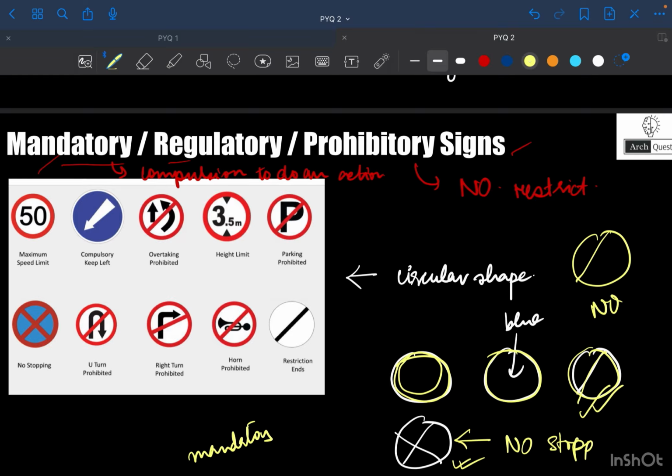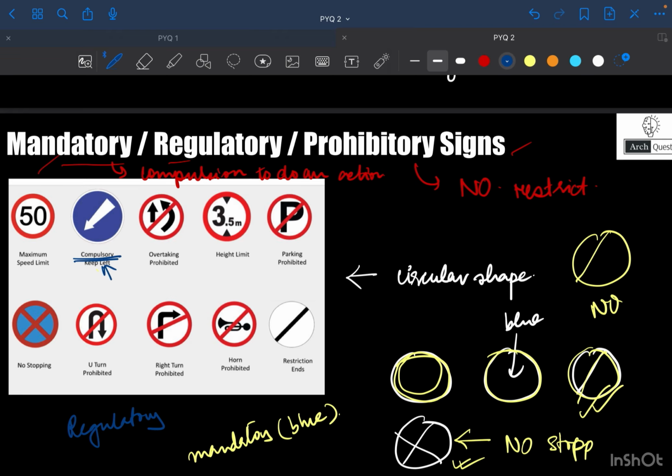If mandatory, then it stays in blue color, okay, so this becomes mandatory. See, compulsory, okay. Apart from all of this, the ones that are left are regulatory signs.